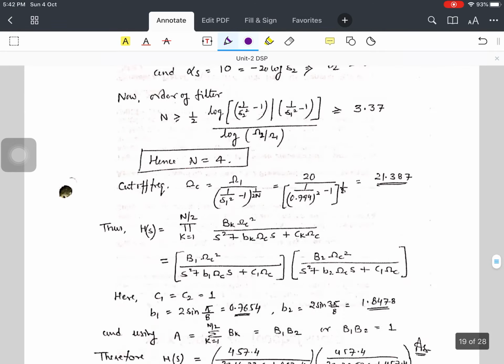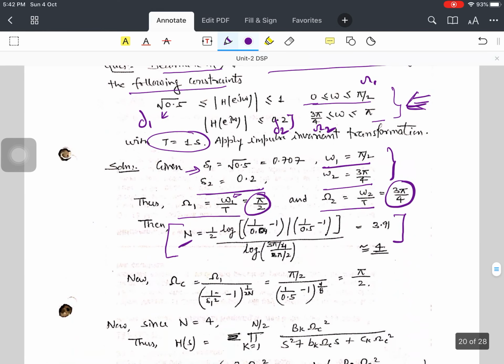When we put in all these values, we get capital N equal to 3.91. We take the higher integer value, so 3.91 goes to N equal to 4.